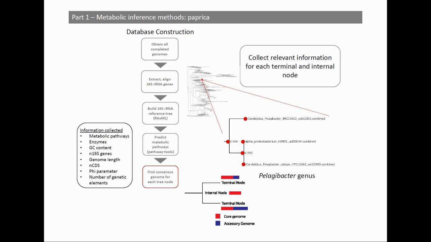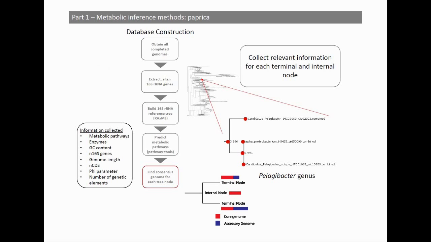This is a picture of what that would actually look like in practice. So if we zoom in on one little portion of that tree, this would be the Phylogenetibacter genus. This is a very important marine bacterium that gets a lot of attention, but it only has 3 completed genomes available to describe it. Notice that on this little subset of the tree, there are these 3 terminal nodes given by the completed genomes, and then there are these 2 internal nodes.